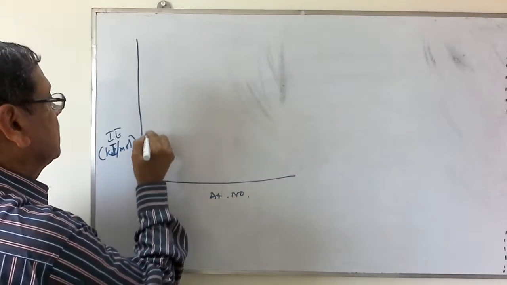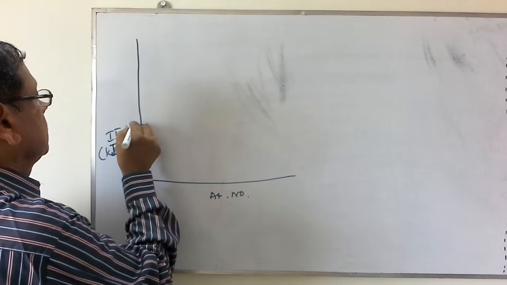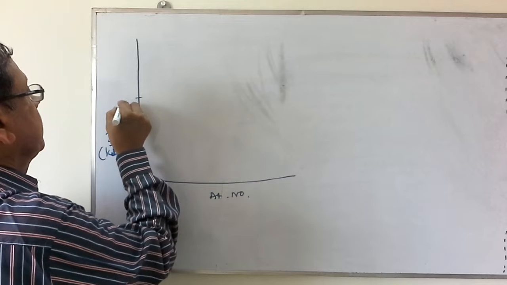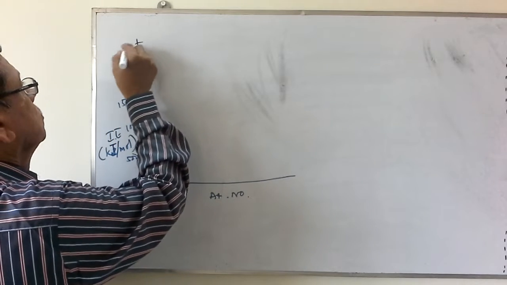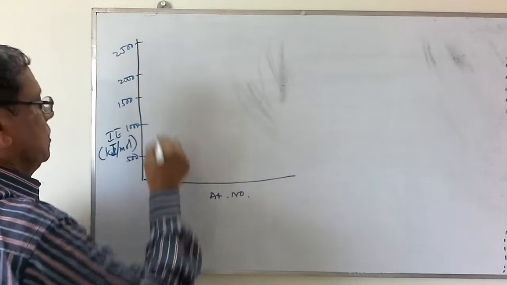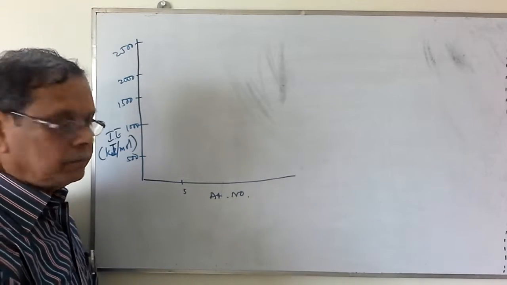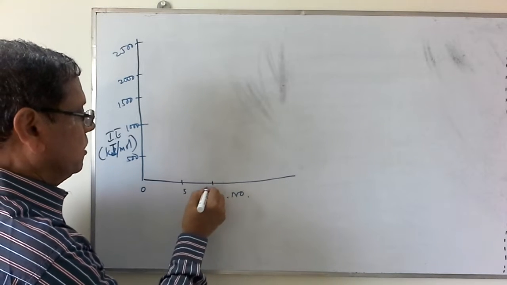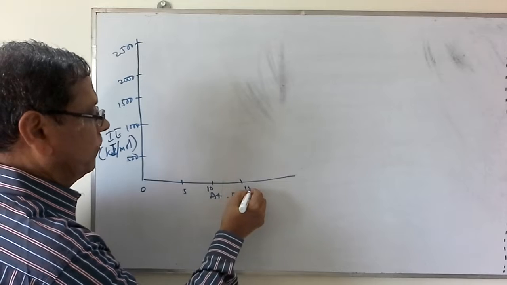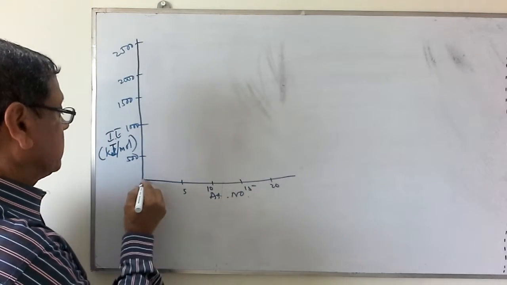So first let us consider this as about 500 kilojoules, 1000, 1500, 2000, 2500. First we consider this atomic number 5, 1 to 5. Then atomic number 10, 15, 20 like this.